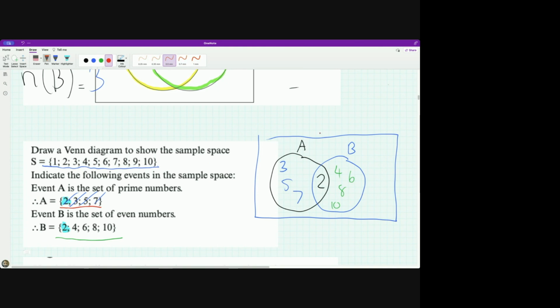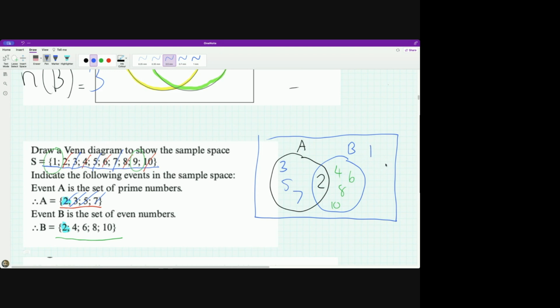But now the question is, can you help me? Is there anything outside? Remember, we have the numbers. Let's cross this off: 2, 4, 6, 8, 10, 3, 5, 7. Here we have 1 and 9, and they are not in A or in B. So if you're not in A or B, you have to be outside.